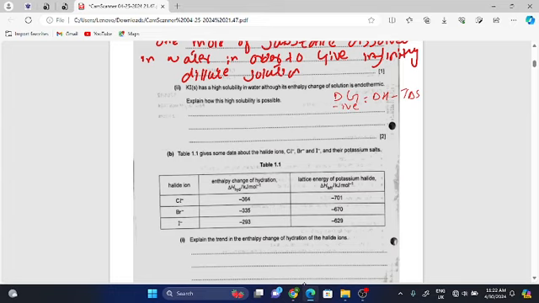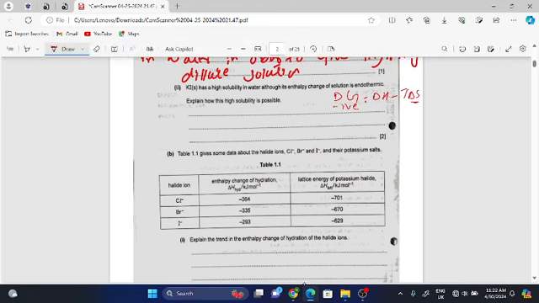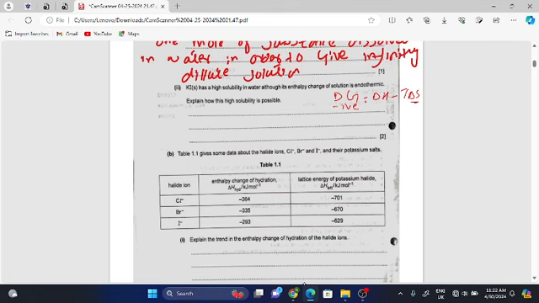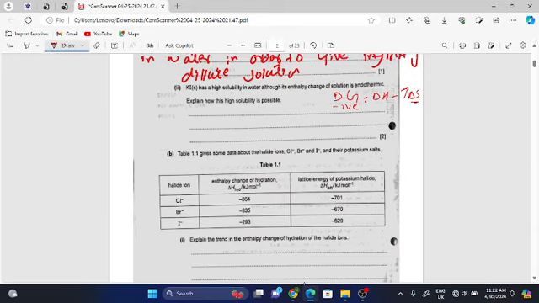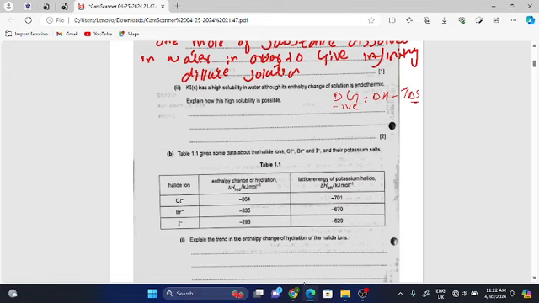The only way to make that Gibbs energy equation negative is if delta S is large and positive. More randomness, more disorder, and more entropy change is going to happen. So it means that delta G could be negative.